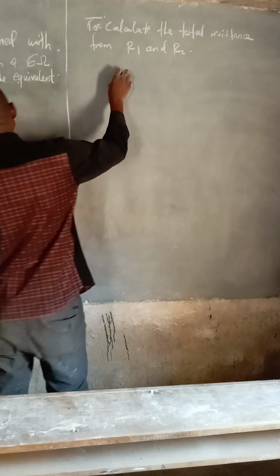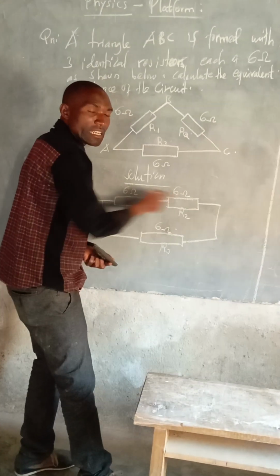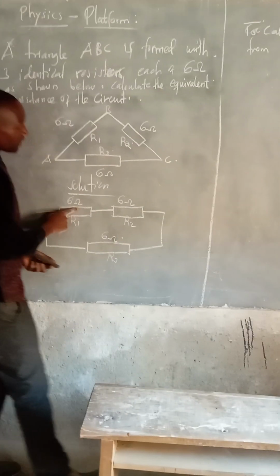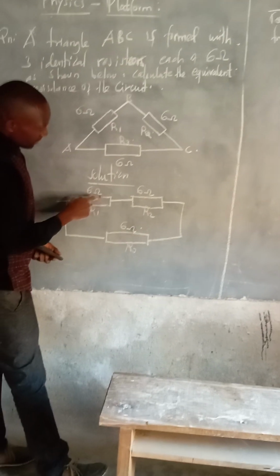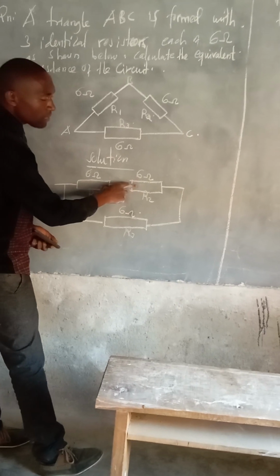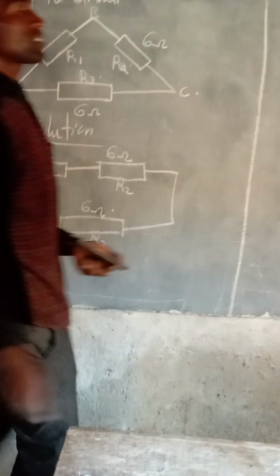Resistor 1 and resistor 2 are a series combination, and these 2 resistors are in parallel with resistor 3.